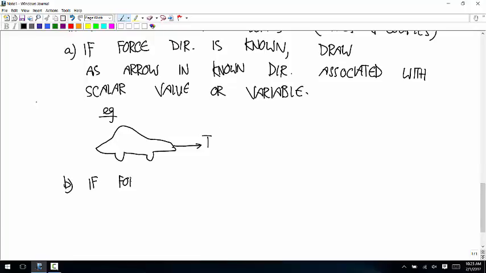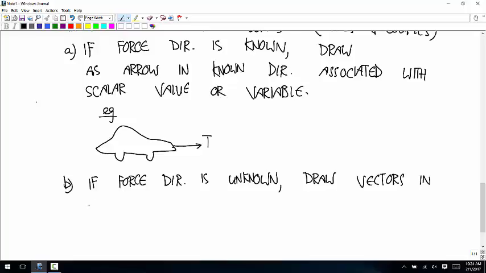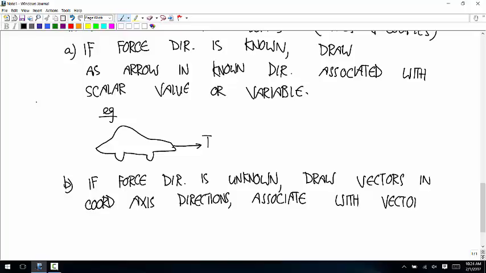If the force direction is unknown, draw vectors in the coordinate axis directions and associate that with a vector value or variable.